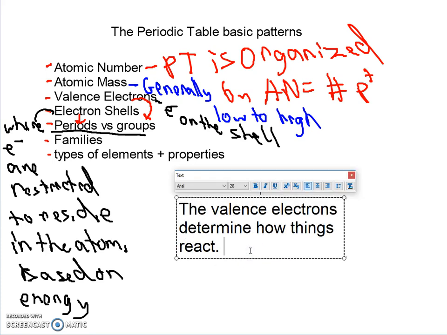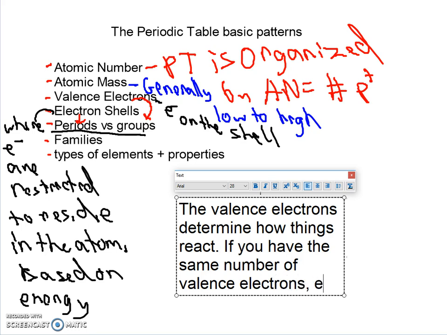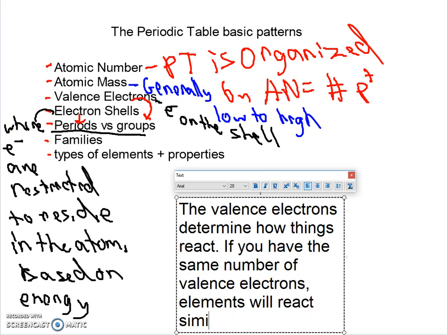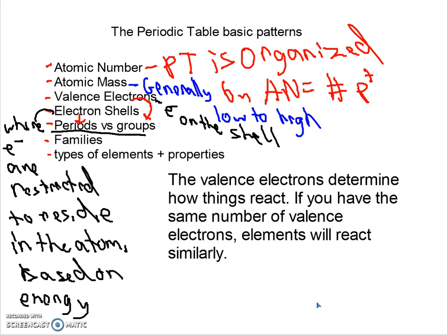Okay, and so then basically the idea here is if you have the same number of valence electrons, elements will react similarly. Now it's important to make a distinction. My brother and I look similar. We are not the same. Okay, so elements reacting similar doesn't mean they're the same.